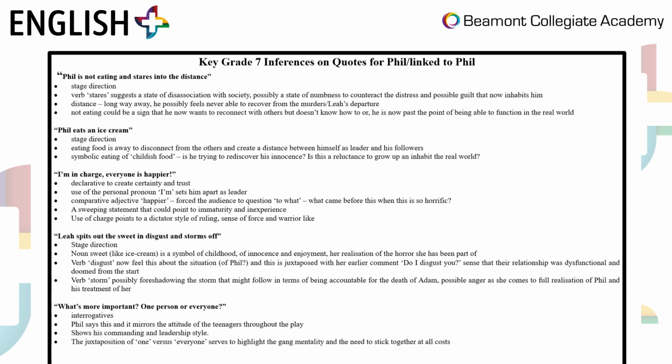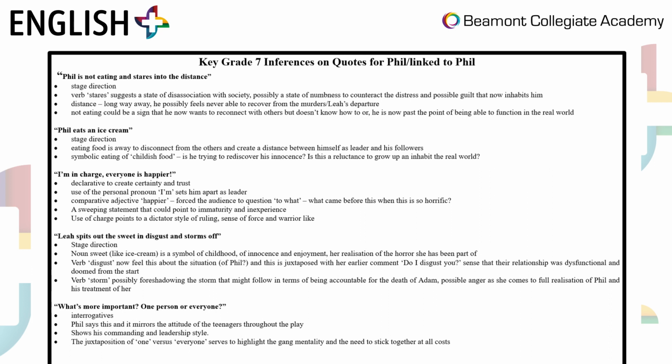Look at these. I'm not going to read each one out, but for me, I know that any answer, whether it's on gangs, power, fear, relationships, bullies, victims, I could probably put in that what's more important, one person or everyone. So I would learn the 4 things below on that.